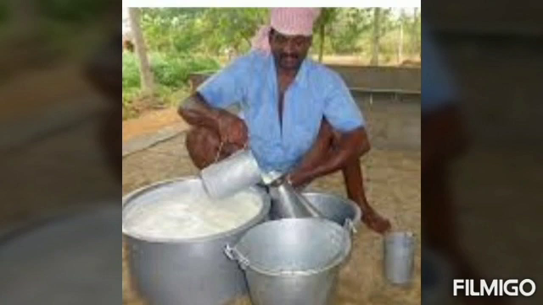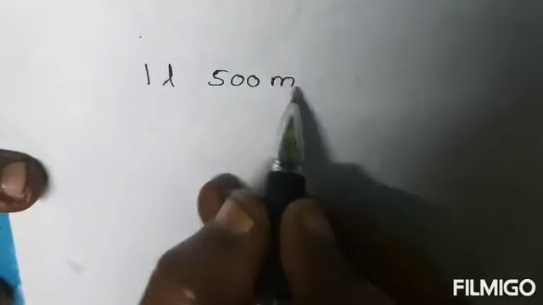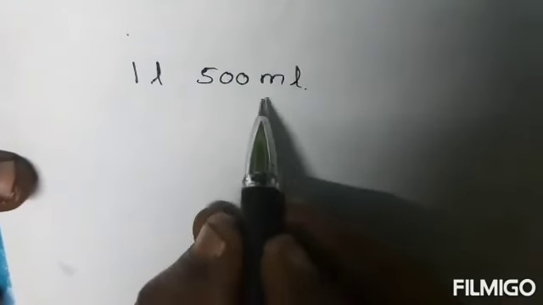We can observe a milkman measuring milk. If you need milk, you would ask for 1 liter or 500 milliliters or 2 liters, 3 liters, 4 liters of milk. Here see the units milliliter and liter.